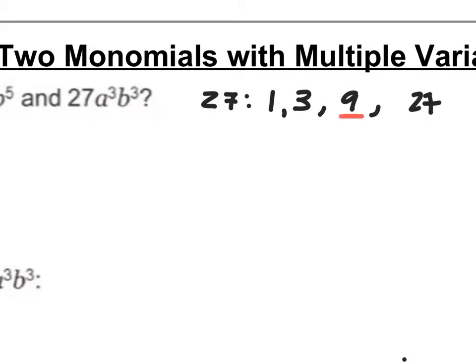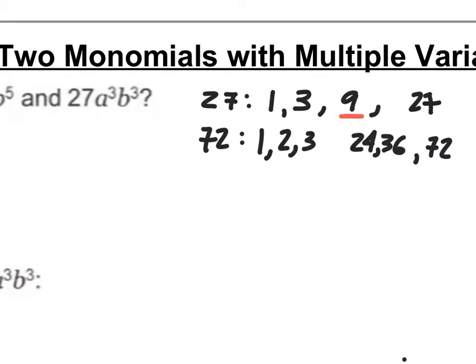But if I take 72 and factor that, then I have 1 and 72. I've got 2 and 36. And then 3 and 24, I believe.